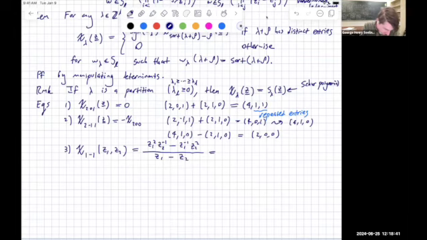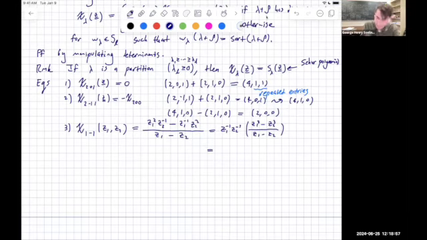And if I rewrite this as z1 inverse z2 inverse times z1 cubed minus z2 cubed over z1 minus z2, then those two polynomials, one is divisible by the other, and so we get z1 inverse z2 inverse times z1 squared plus z1 z2 plus z2 squared.